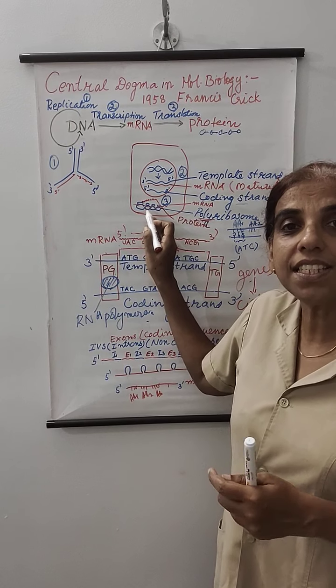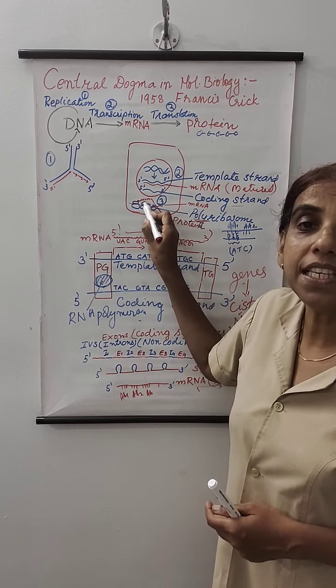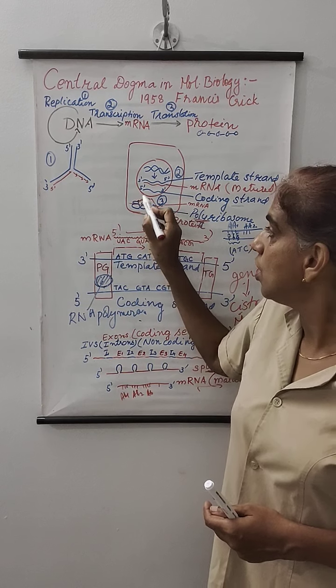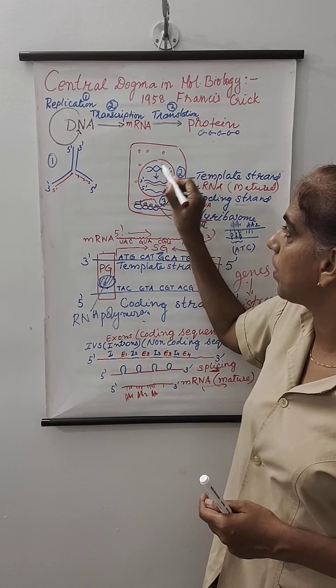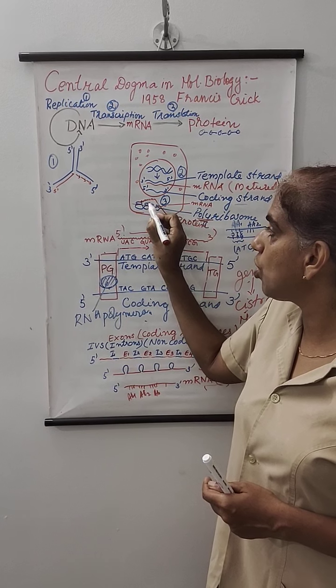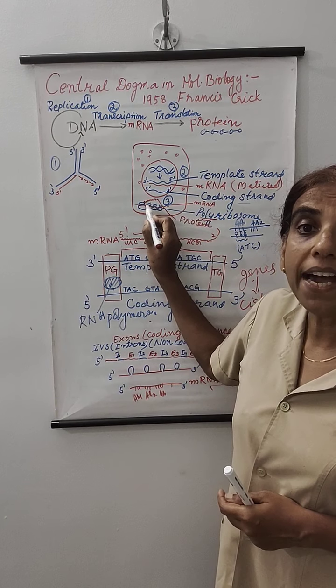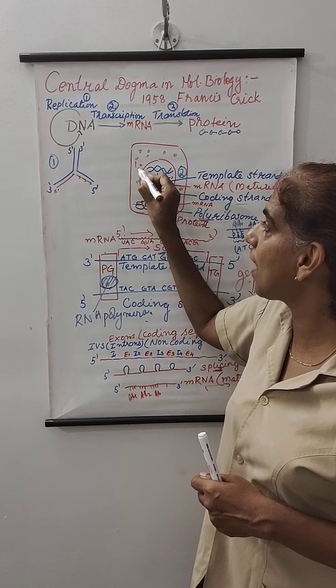So the messages are now translated for the production of this amino acid chain. Amino acids are all scattered in the cytoplasm. These scattered amino acids will be brought by another set of RNA. You call them transfer RNA.